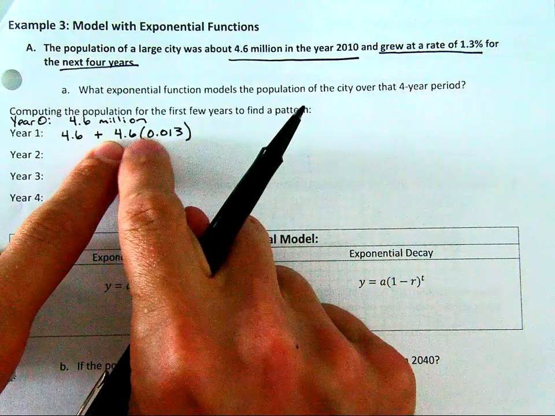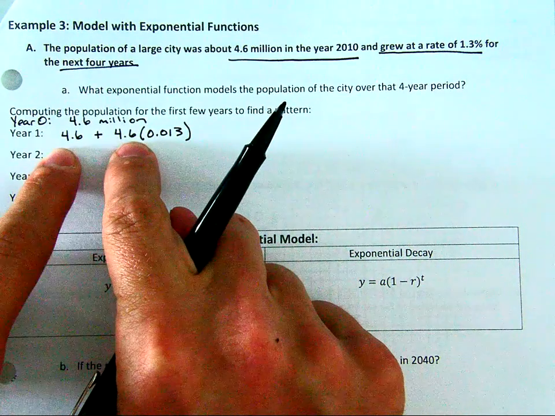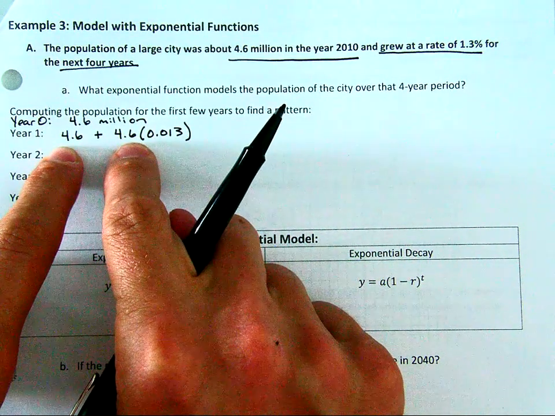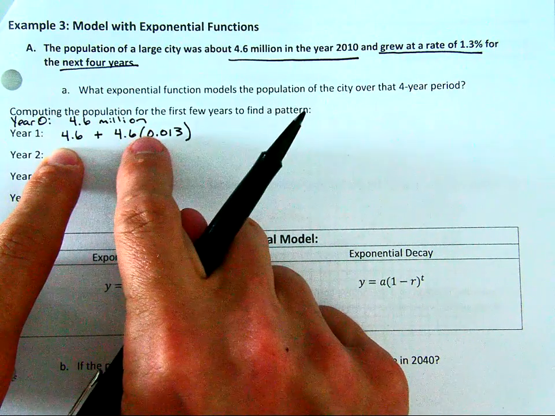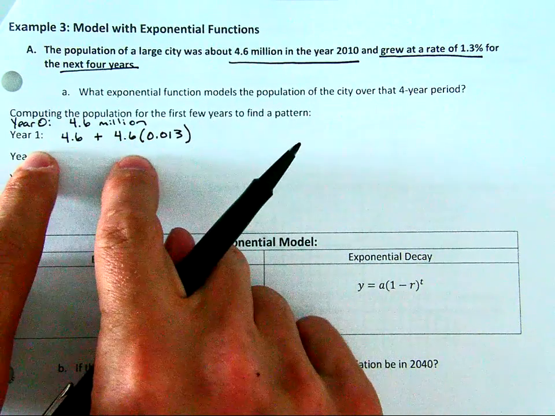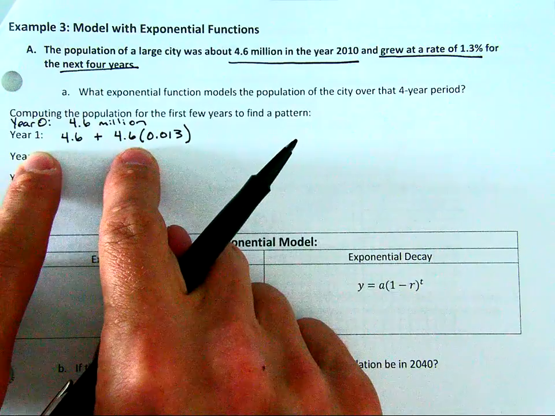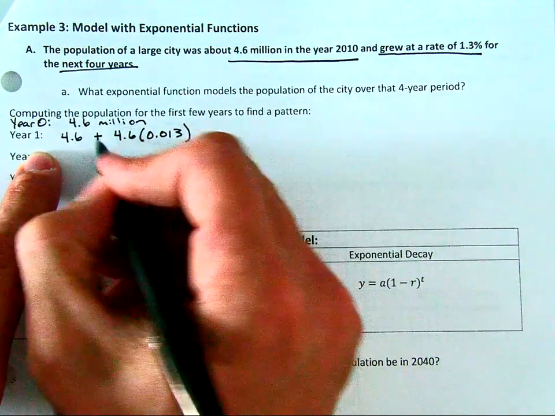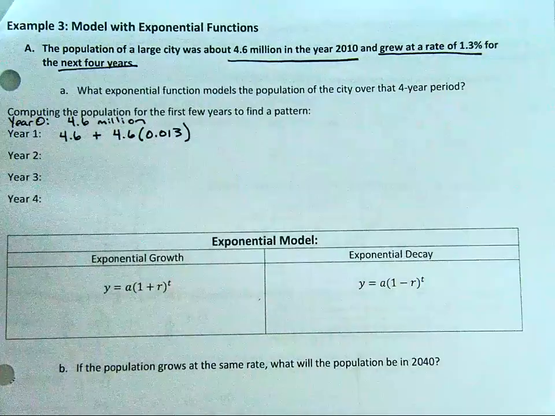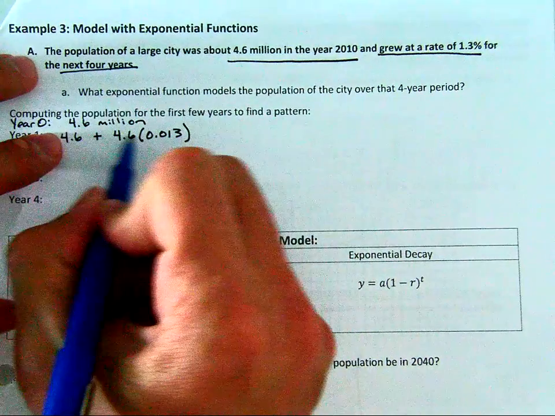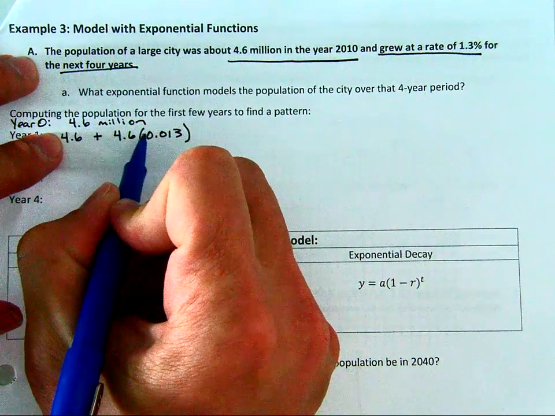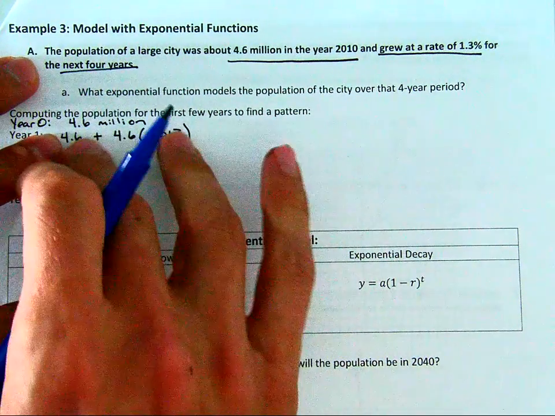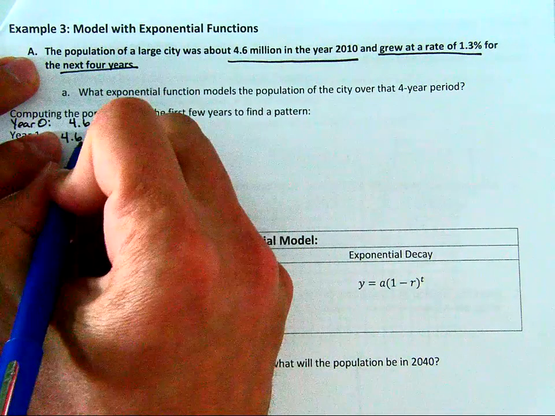We take the initial amount and then we increase it. Now, I want to show you another way that we can write this, if we look at this expression. This is the way we're going to be writing it from now on. This is just for me to show you how we get this. If we factor out a 4.6 from this, notice how if I take a 4.6 away from this, we end up with 1.